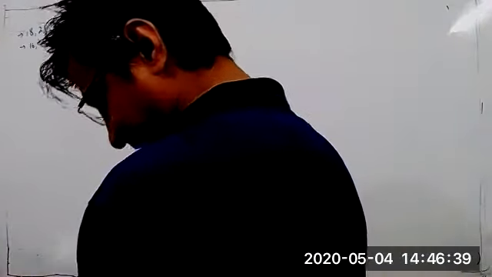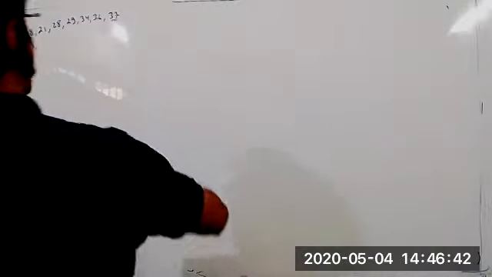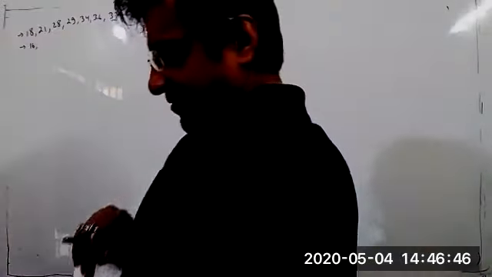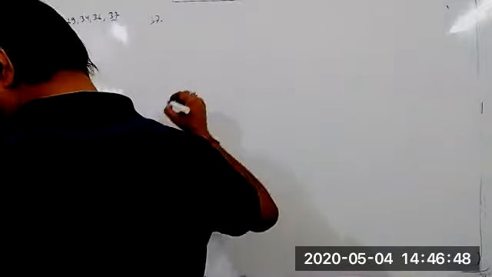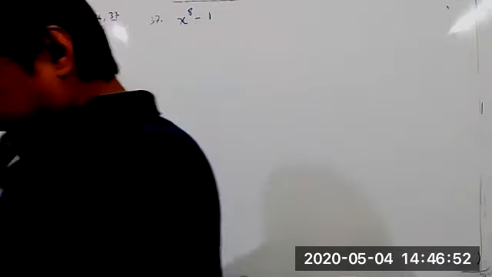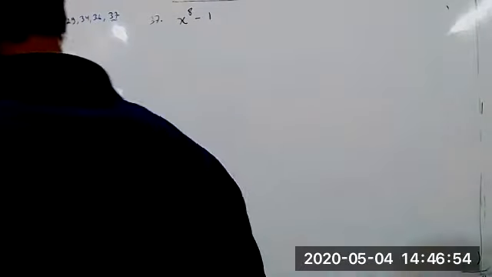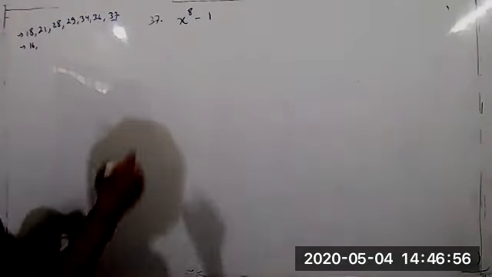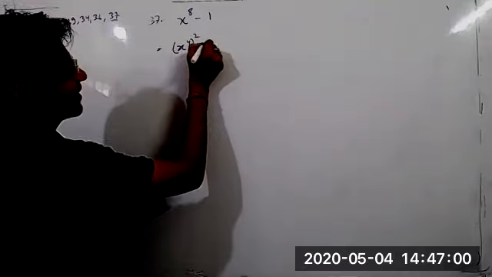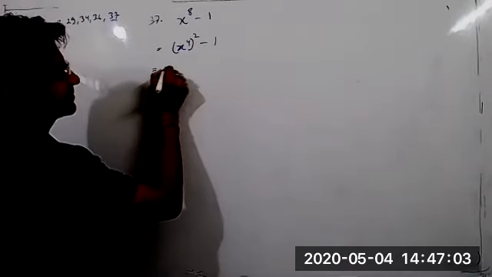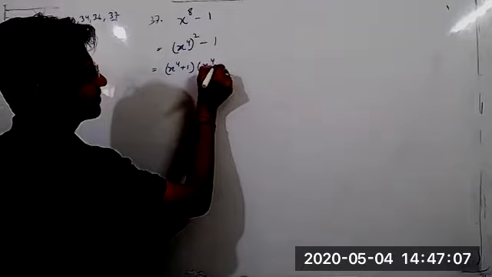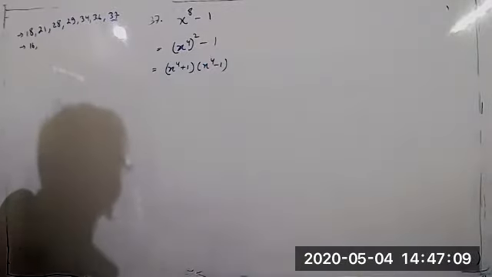I will start with 37. Everyone see very carefully. And those who are doing 3B, for this question also you see. So can you write this as x to the power 4, correct?